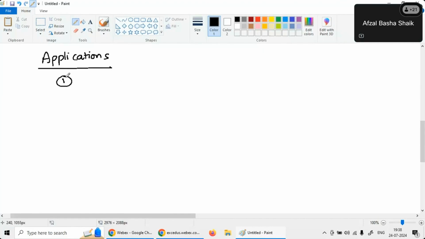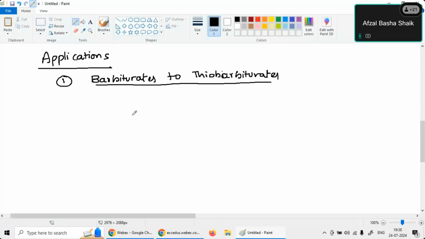So the first one is barbiturates to thiobarbiturates.